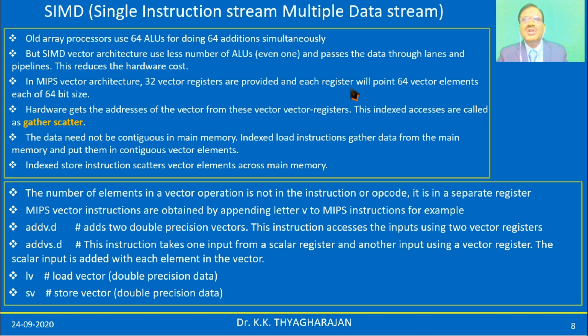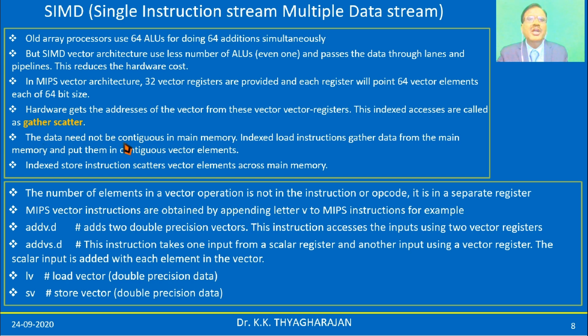So like that you will have 64 elements in each vector, and each vector's starting address is provided by the vector register. The hardware gets the addresses of the vector from these vector registers. This type of indexed access is called gather scatter.